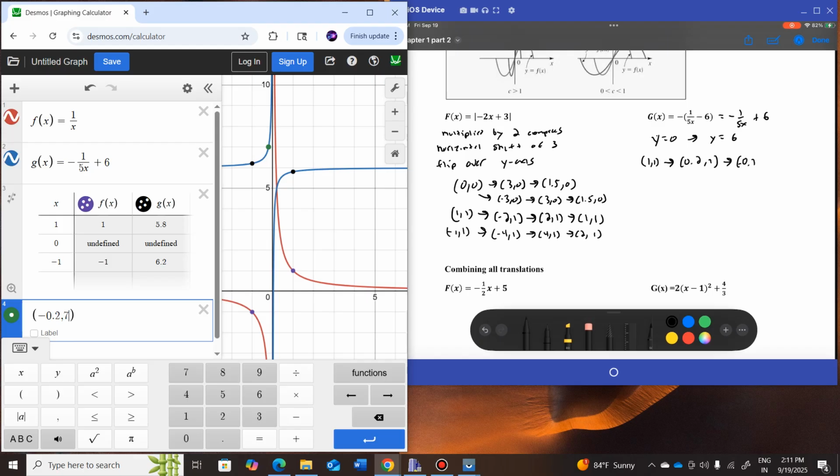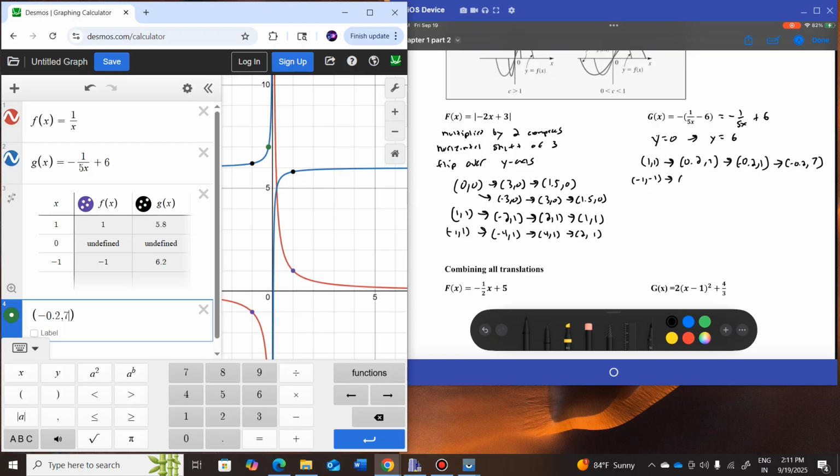Keep forgetting to put the negative sign in. And then we get negative 0.2, 7. Yep. Alright, so same process with the next one, negative 1, negative 1.